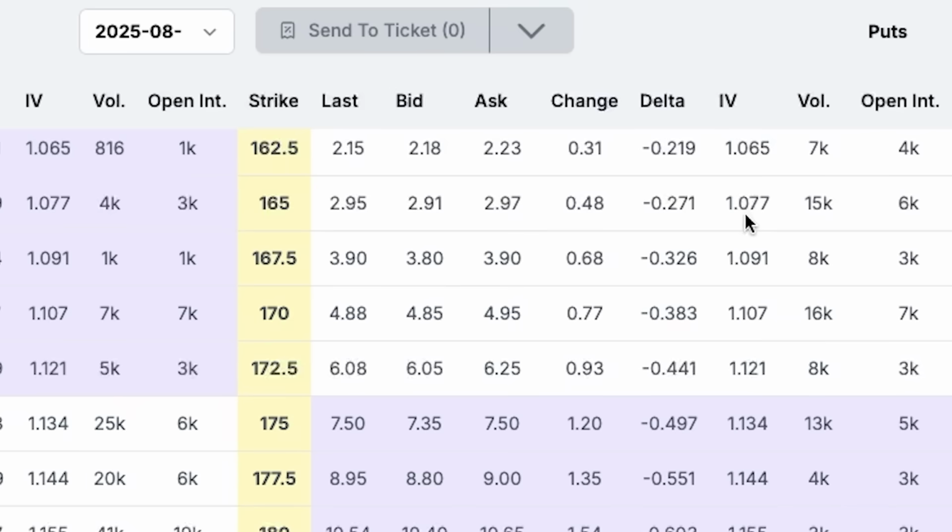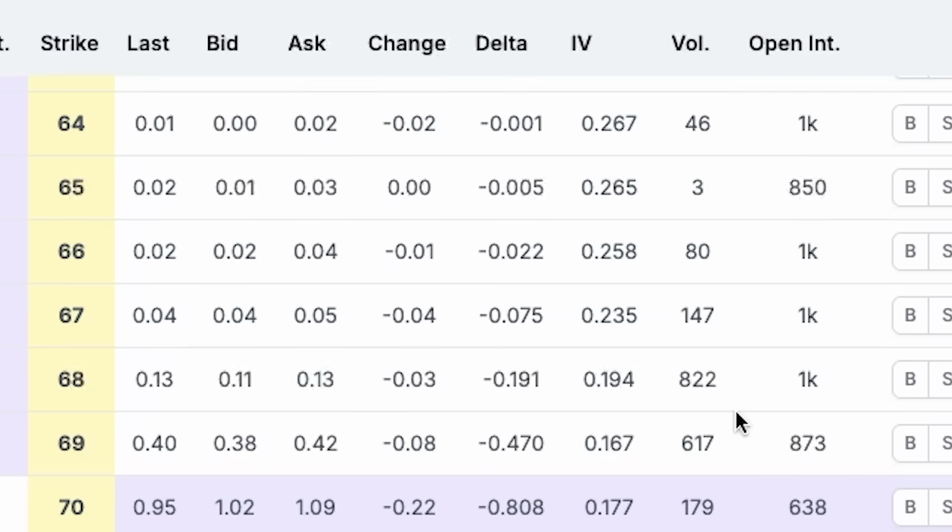Same expiration date. We're going to look at a similar delta, and I'm going to show you the IV. This is ticker symbol KO for Coca-Cola, and I'm looking right here at the 68 strike. Closest I can get is a delta of 0.19, and look at the IV. It's 0.19. It's so much lower than what you saw on AMD.